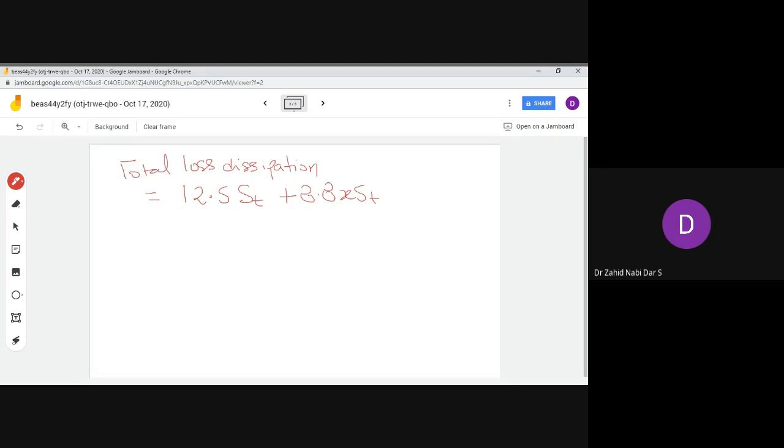If you are encountering any loss as such, what about the temperature rise and other factors involved in the calculation? How are you going to consider it? So this is the formula basically we are getting.